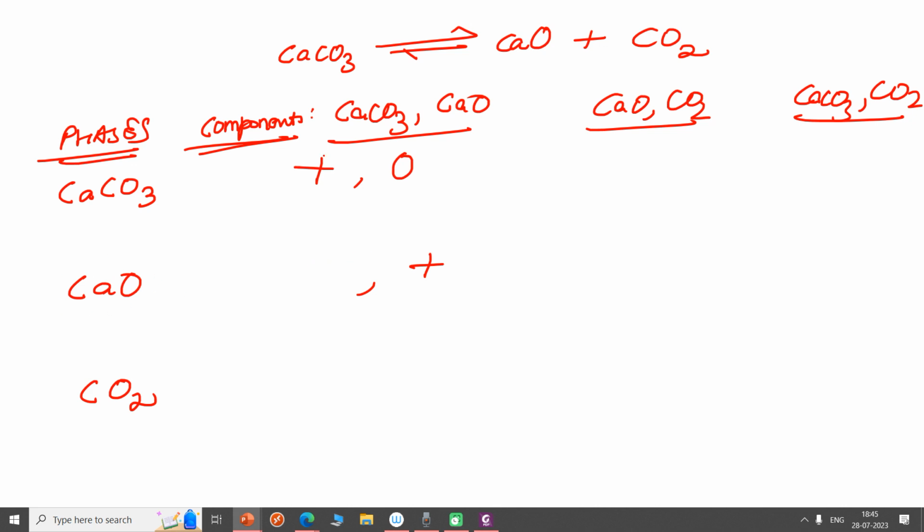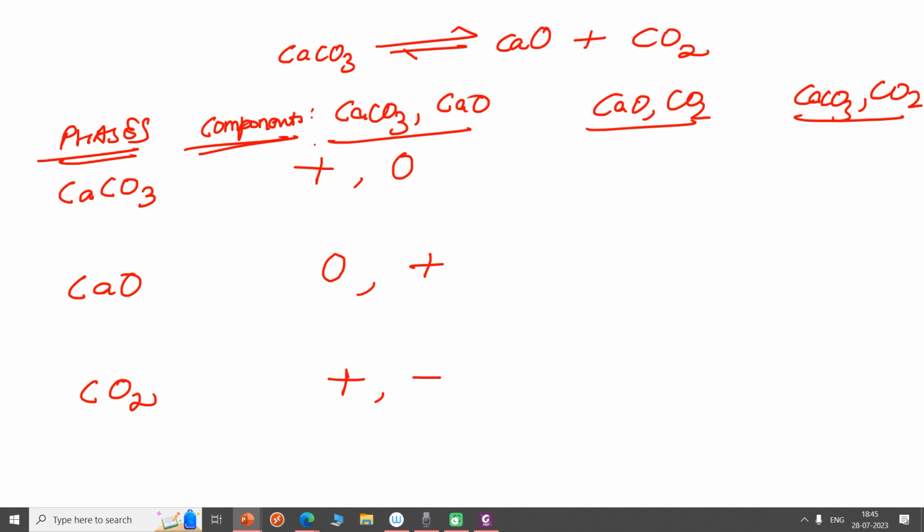We cannot represent calcium oxide by taking calcium carbonate as a component, so this will be 0. And how will we get carbon dioxide from these two components? If we just subtract CaO from CaCO3, we'll get carbon dioxide.